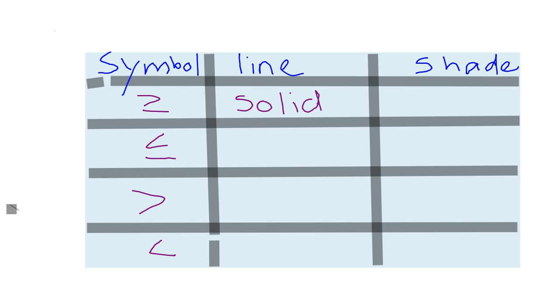And again, for less than or equal to, it can touch because it's equal to, so the line is going to be solid. Dealing with greater than or less than, there's no equal to, so it doesn't actually touch the line, therefore the line is dashed.